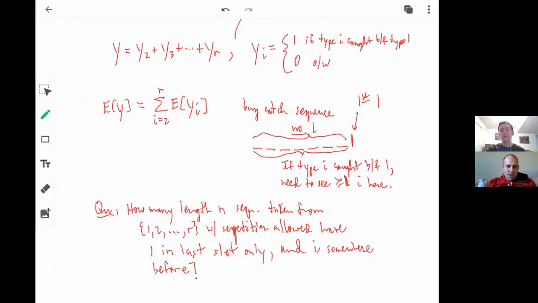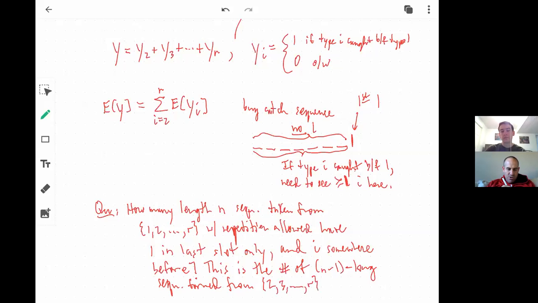Okay. So, that makes me think that basically that's just an n-1 long sequence. So this is the number of n-1 long sequences formed from 2, 3, all the way up through r with repetition that include i.